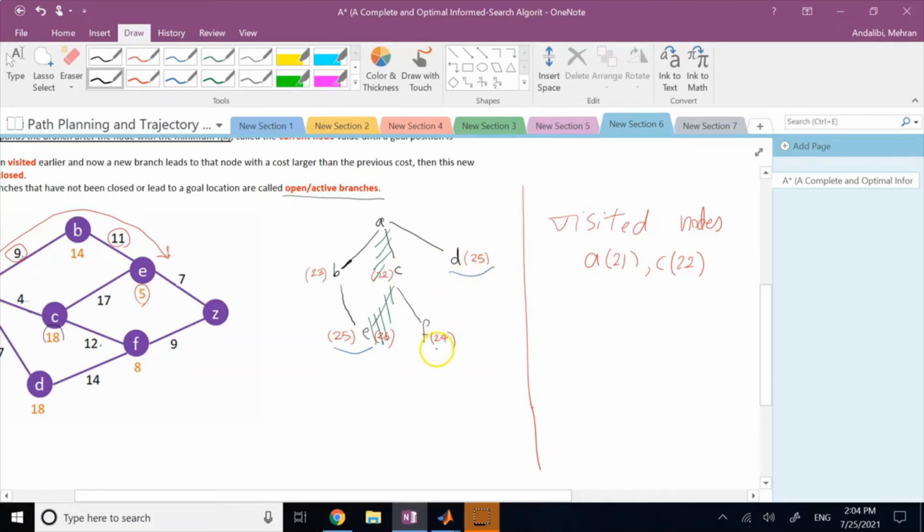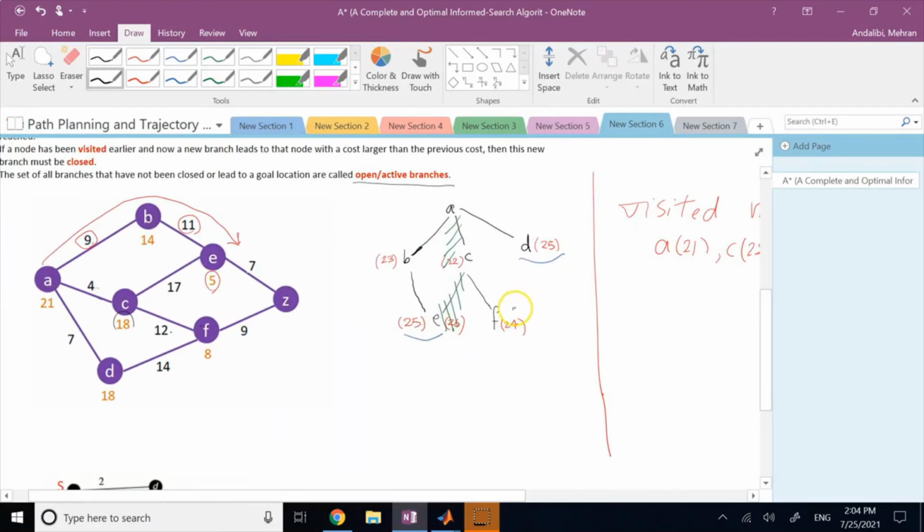Now from F, you can either go back to D or go to Z. By the way, it's a good idea to show the direction of these arrows. If I go back to D, what happens? So I go A to F to D. Well, you have 4 plus 12 plus 14 plus 18, which is a huge number. It is going to be like 48, way more than 24. So absolutely not.